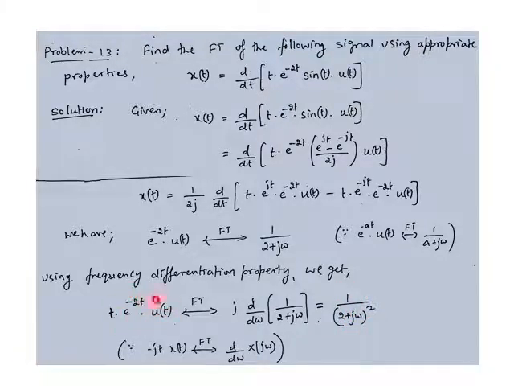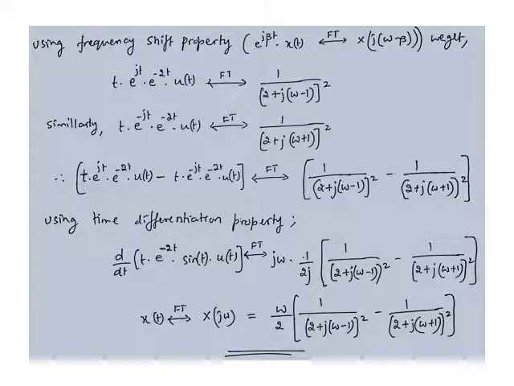Next I just need to introduce e to the power jt. For that, I can use the frequency shift property. So e to the power j beta t into x of t has Fourier transform X of j of omega minus beta. Suppose I introduce e to the power j beta t with x of t, where x of t is t into e to the power minus 2t into u of t.